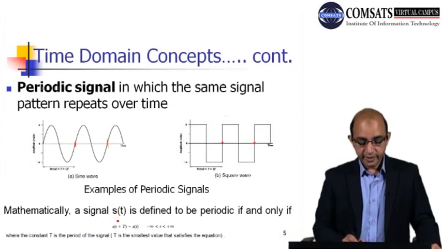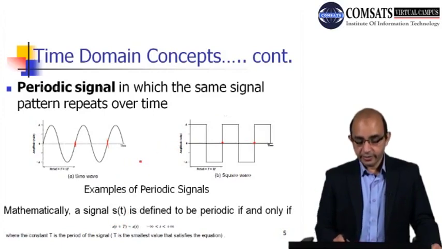If we represent in time domain a periodic signal by s of t, where t is the argument, or the time domain, we can say this signal s of t is periodic if it's t plus the period, where capital T is the period.